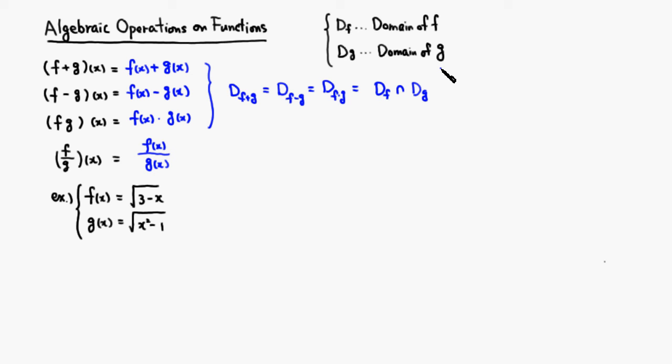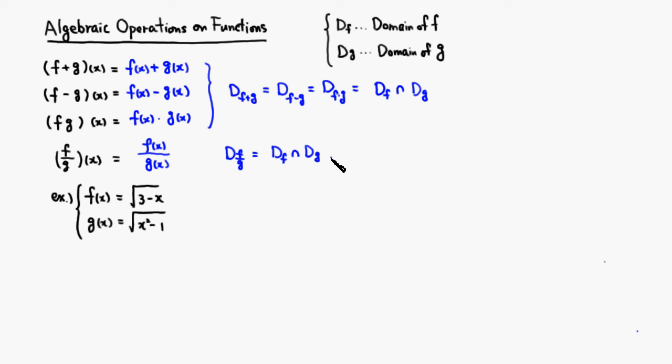The only difference is f over g. If you want to find the domain of f over g, then of course x has to be inside the domain of f and the domain of g at the same time. But there's one more thing we have to worry about: because it's a fraction, we have to make sure that the denominator is non-zero.